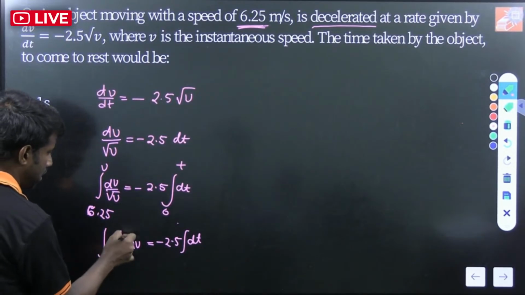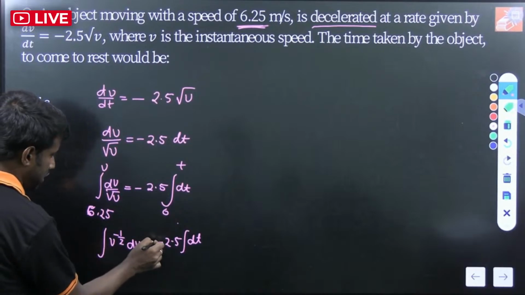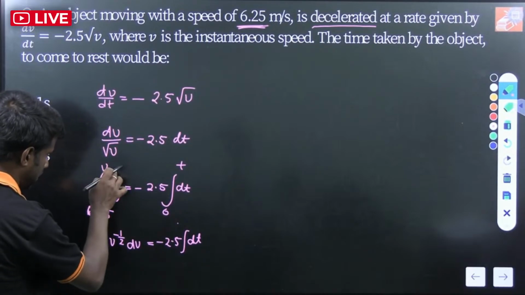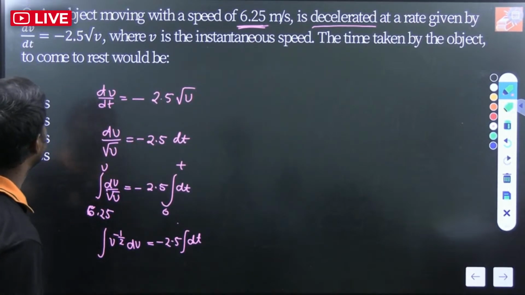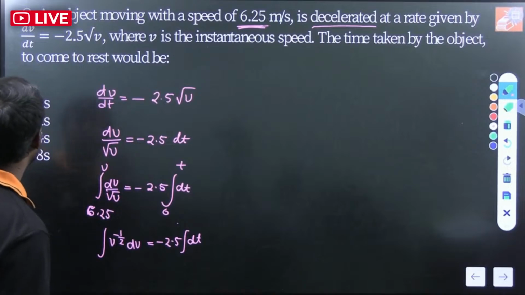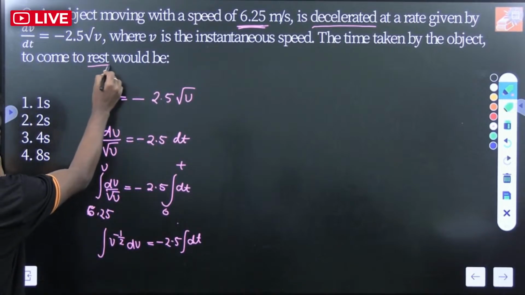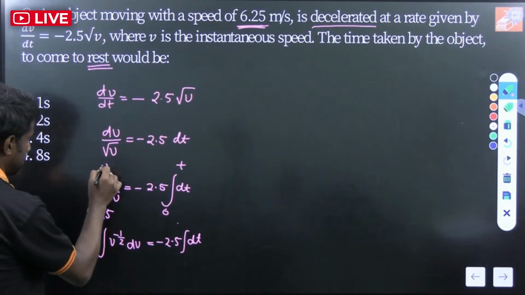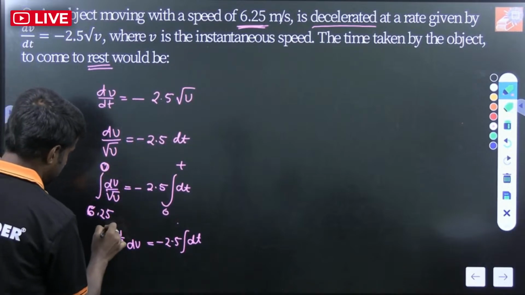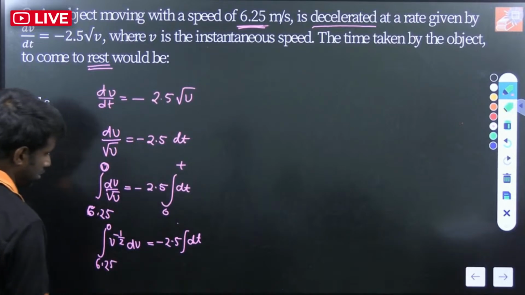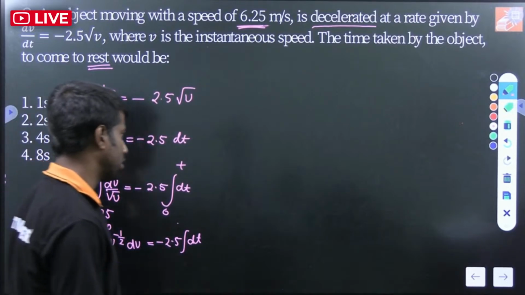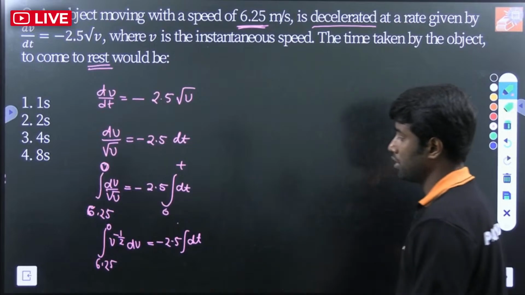So this will become v power 1 by 2. They have said the final velocity is 0, so we put 0 here, and this is 6.25. So we can use the power formula of integration.